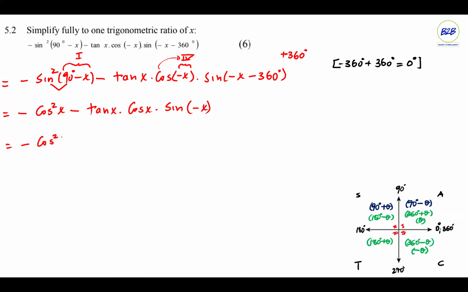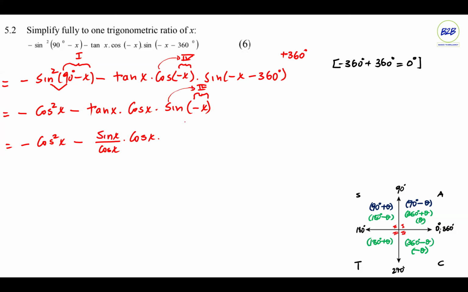Negative cos squared x. Now we see the necessity to change this term. Why? Because we are going to cancel the cos in the denominator for tan with this cos next to tan. So we'll say sine x over cos x times cos of x. Then we have for ourselves a fourth quadrant, which is negative x.